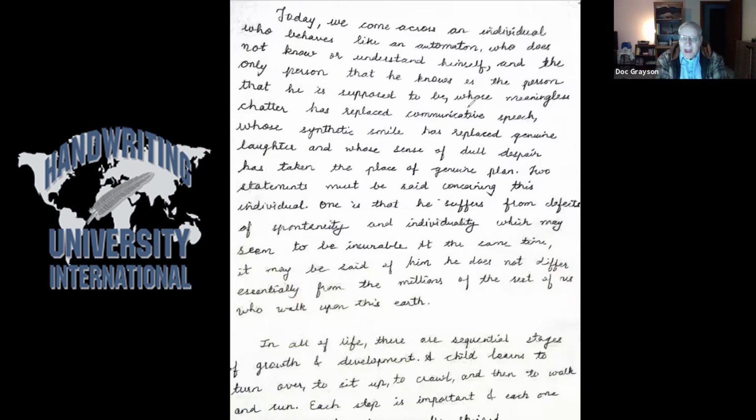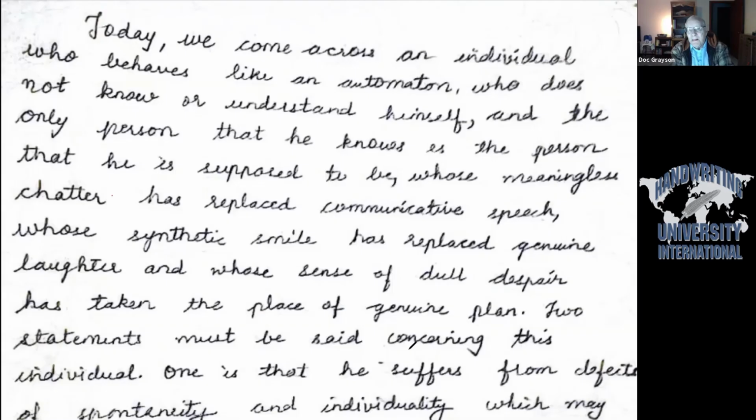It's more back to where he should be. And if you look at the content, the words suffers, despair, meaningless, chatter. It's pretty difficult to write about that stuff if you're a compassionate person and not have some emotion. So I think that's a great observation, Doc. You're seeing a lot of empathy come through there.